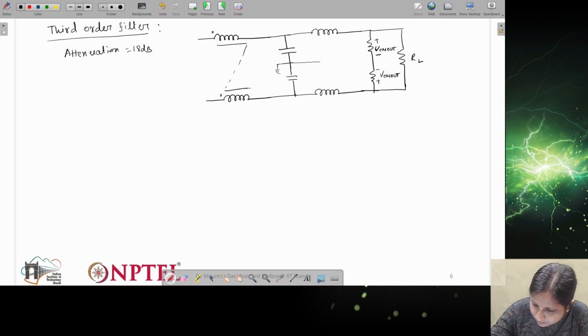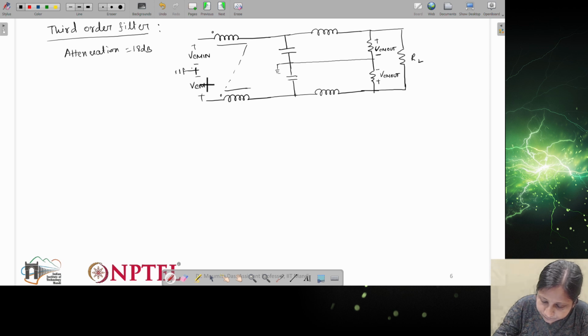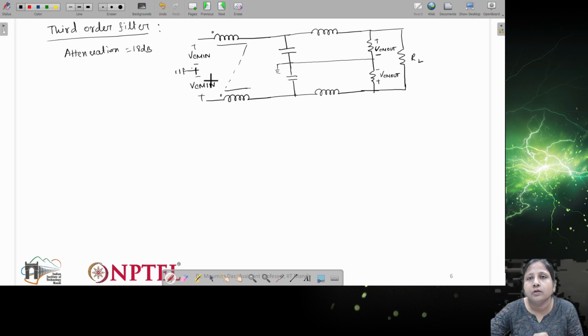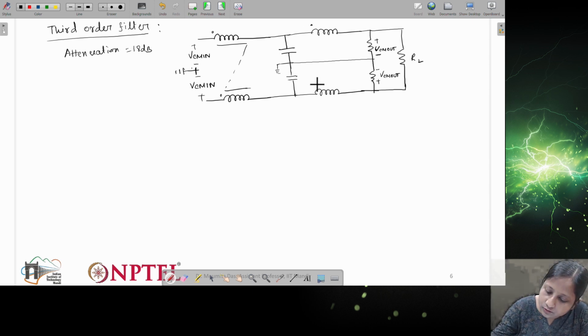This is connected to ground like this. Here it will come VCM in, with the ground connection like this. Okay, so you can see the structure of this. This will also have this coupling.